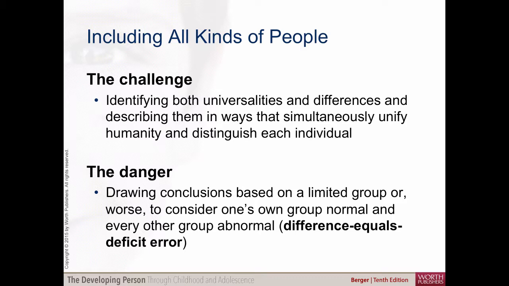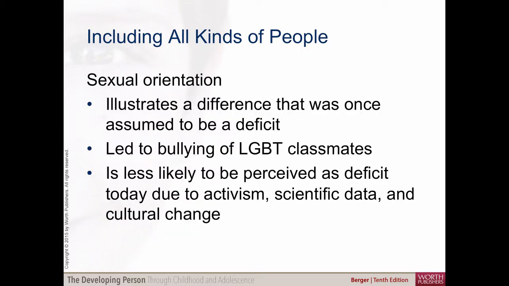We have that happen a lot in our society, and it's something we try to stay away from, especially when we're looking at research. So it's important to include all kinds of people, and oftentimes the environment changes with time. Something that may have been looked at one way 50 years ago may be looked at differently now.